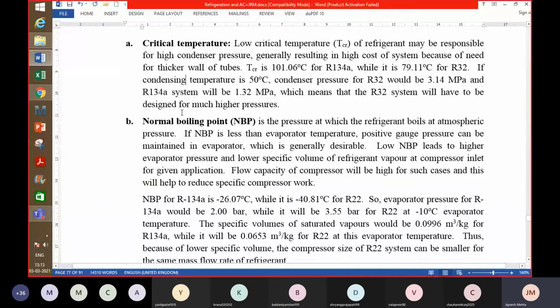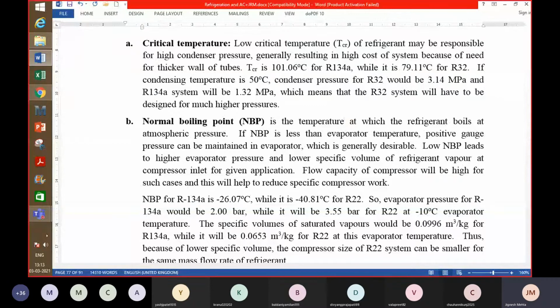And then the other one is normal boiling point. Sorry, it's the temperature at which the refrigerant boils at atmospheric pressure. If NBP is less than the evaporator temperature, say your evaporator temperature is -20 and the NBP is -40, then your evaporator will be at positive gauge pressure, because you want the refrigerant to evaporate in the evaporator.